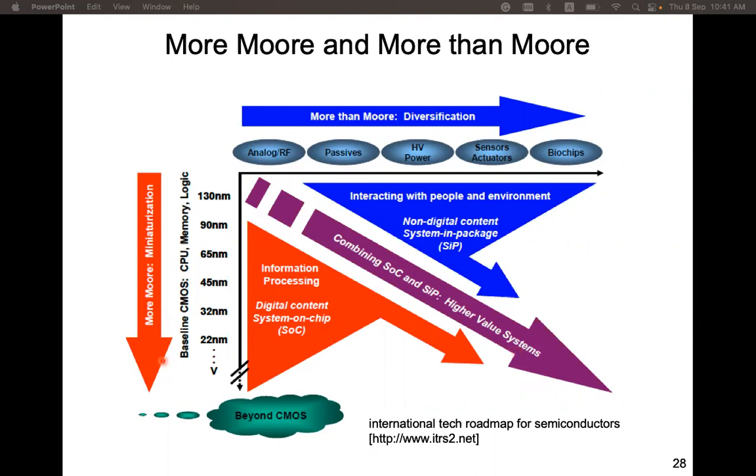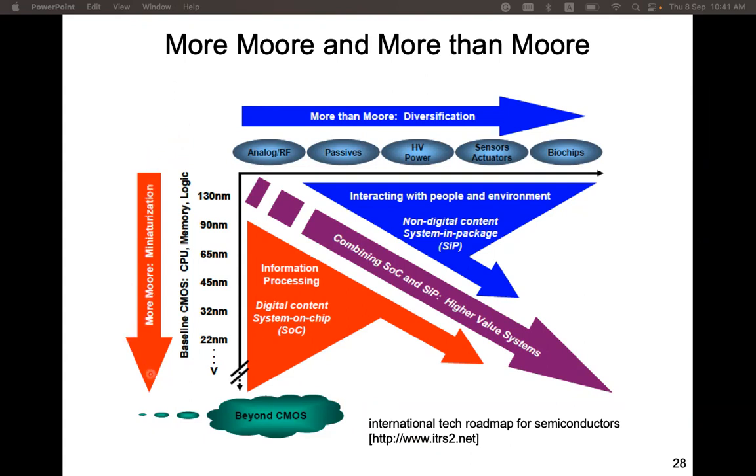And here is a famous chart created by this organization, ITRS. It's an industry organization, an industry alliance. It provides this technology roadmap.